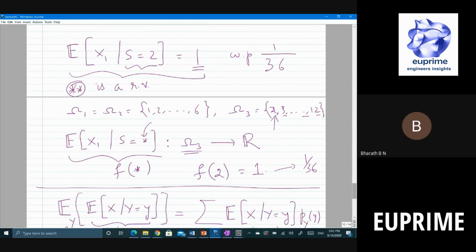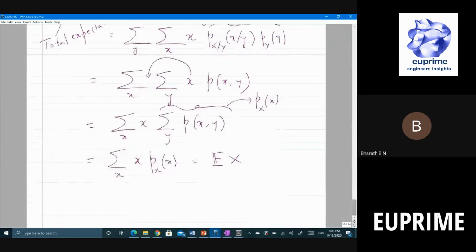Therefore, I can think of this conditional expectation as a mapping from omega, which is essentially 1 to 12, an experiment corresponding to throwing 2 dice and summing the 2 outcomes, to a real number. Associated with each one of them there is a probability. We were trying to compute that probability in the last class.